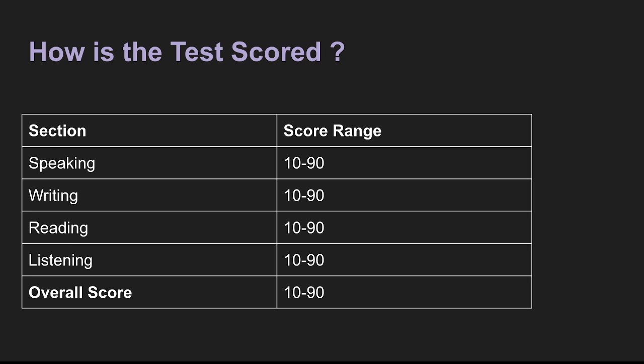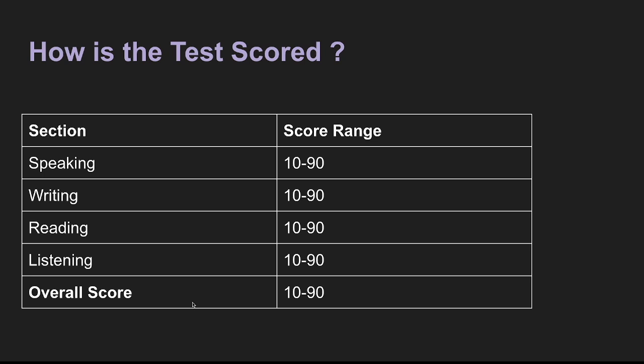However, it's important to note that the overall score is not just an average. It is calculated based on your overall performance across all tasks, especially integrated ones that test multiple skills. As many PTE tasks test more than one skill at once, for example, read aloud tests speaking and reading.